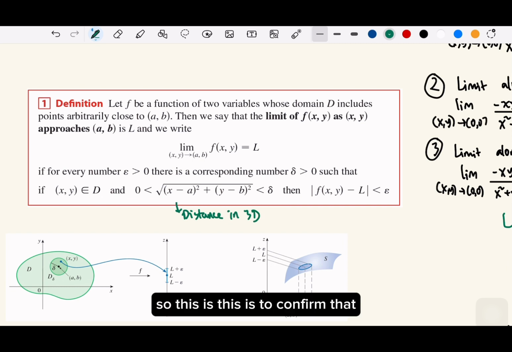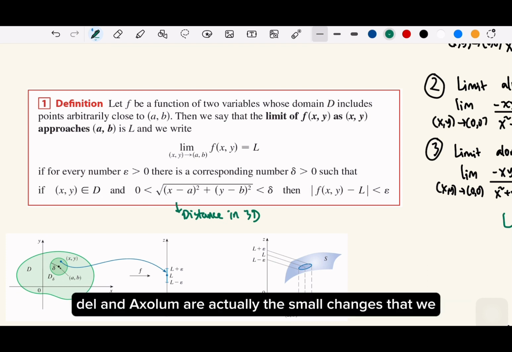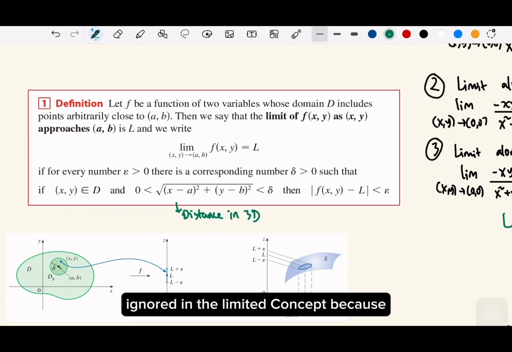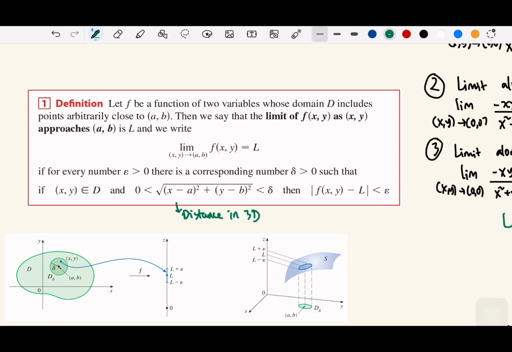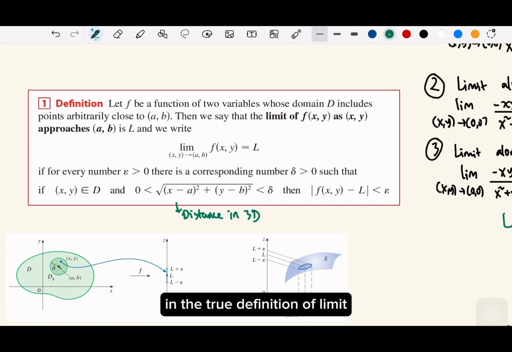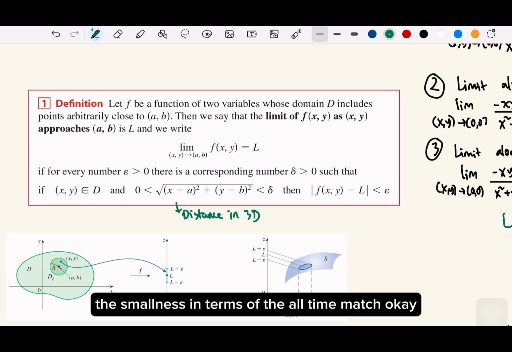So this is just to confirm that we will have some epsilon every time we choose some delta. Delta and epsilon are actually the small changes that we ignore in the limit concept. In the true definition of a limit, we want to make sure that the small changes are really, really small, so we define the smallness in terms of delta and epsilon.